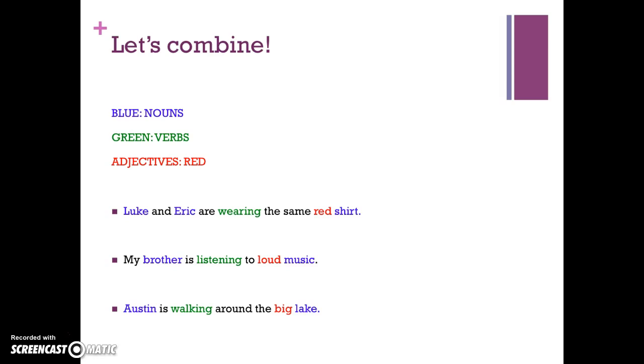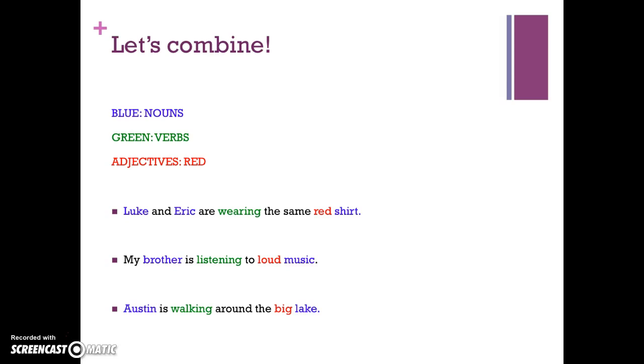Next, we have, my brother is listening to loud music. Brother, who is a person, would be a noun. Listening would be the verb because that is what the noun is doing. And loud would be the adjective describing the last noun in the sentence, music, which is a thing.